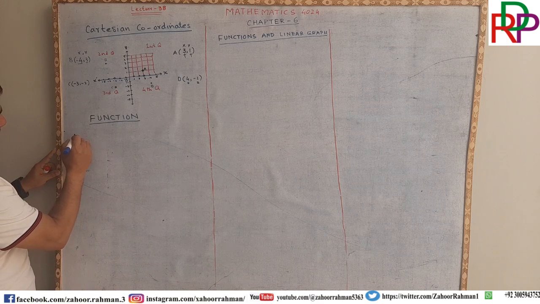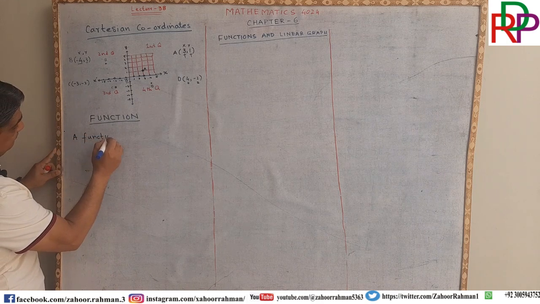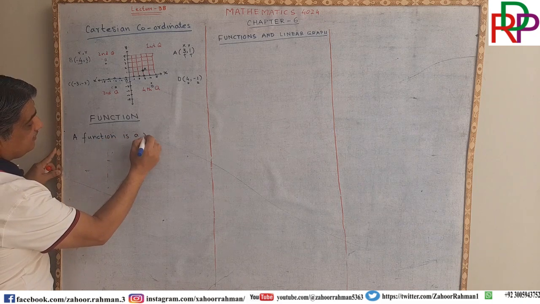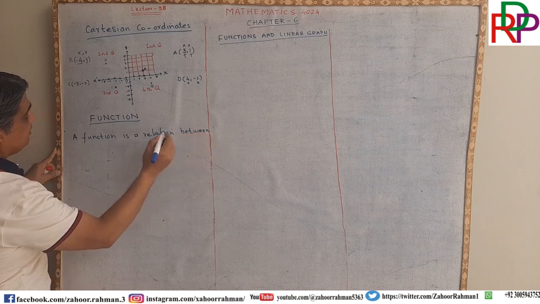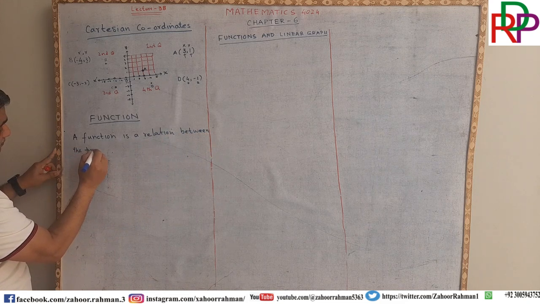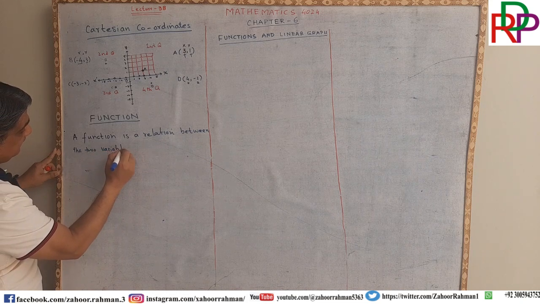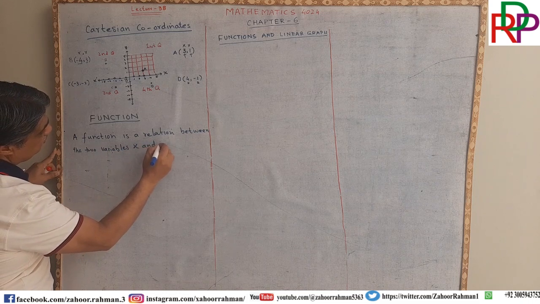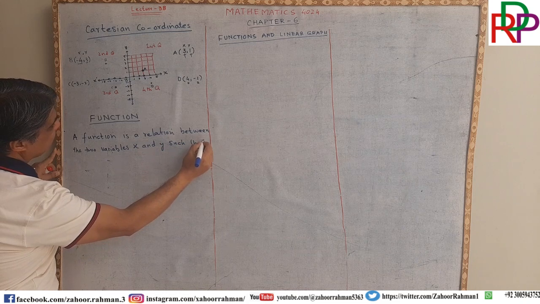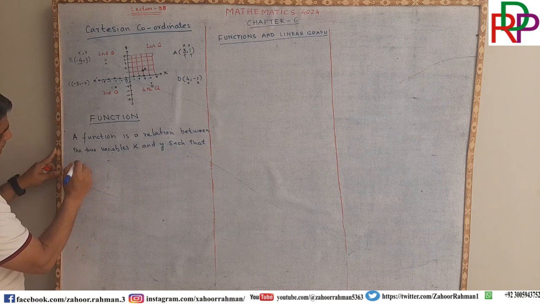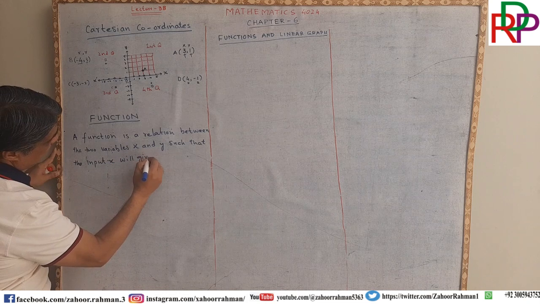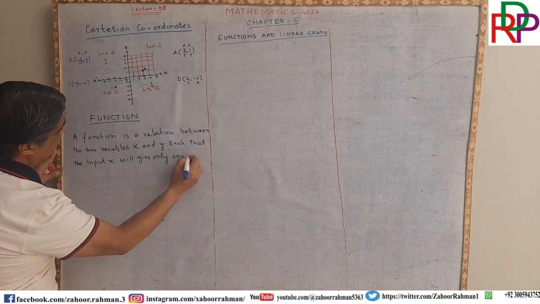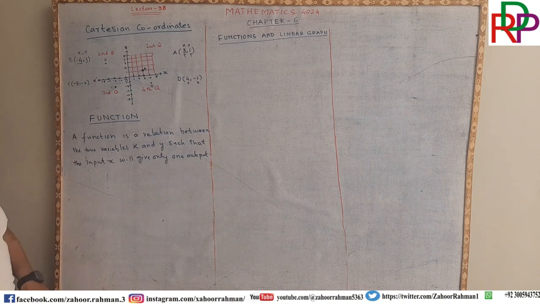A function is a relation between the two variables x and y such that the input x will give only one output. The input will give you only one output.